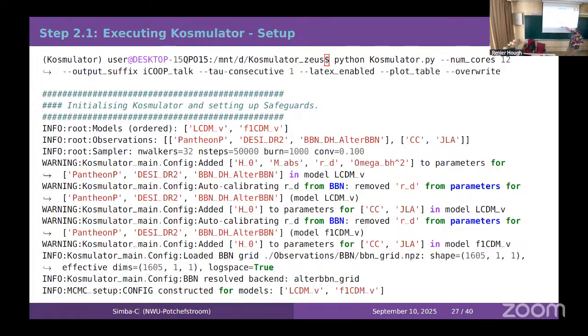It then starts up with a basic thing, shows you what you chose, how it's reading in. You'll see here it added extra free parameters. So it recognizes that in your model, you're not using these free parameters, but they are necessary for the observations you are running.